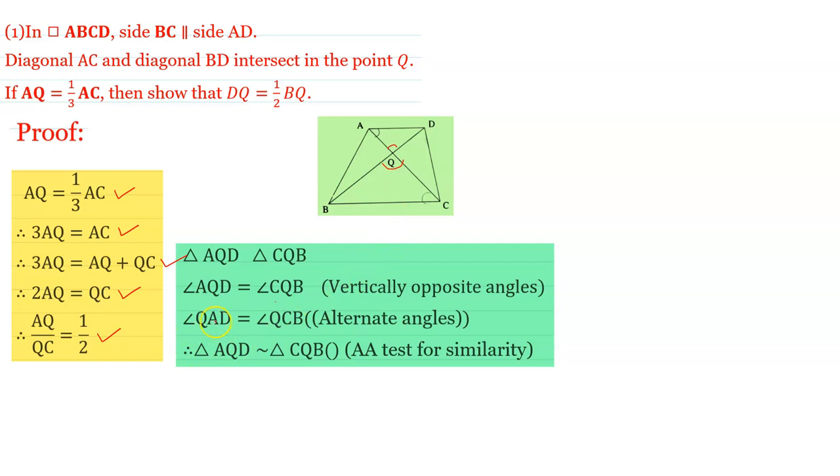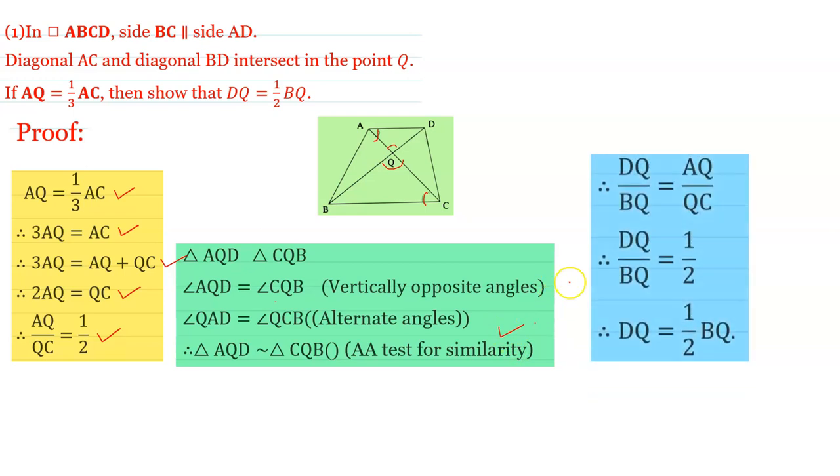Next, angle QAD and angle QCB are the alternate angles. Therefore, triangle AQD is similar to triangle CQB by the AA test of similarity. Now the next.